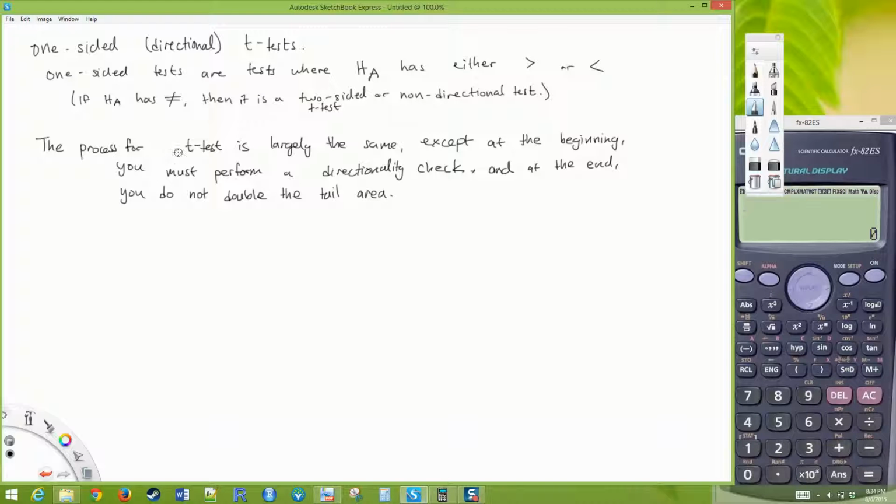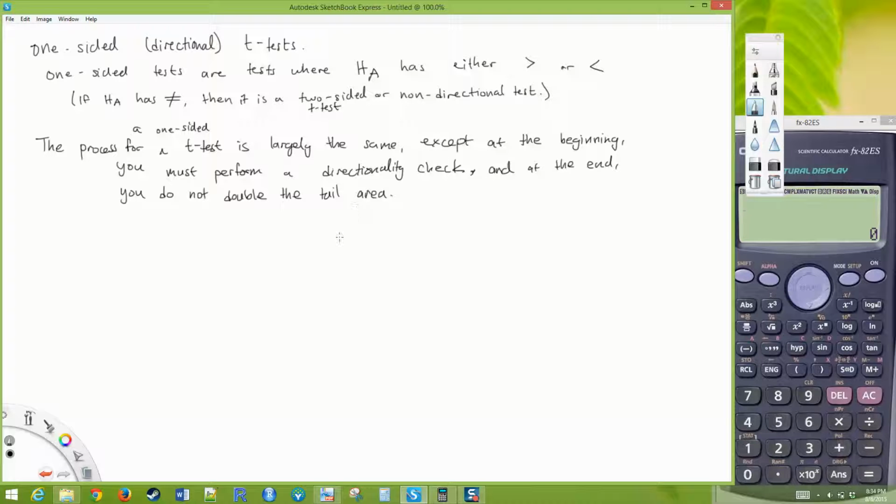Thank you. That's important. I don't want to have bad notes here. Yeah, the process for a one-sided t-test is largely the same as a two-sided test, except at the beginning you must perform a directionality check, and at the end you do not double the tail area.